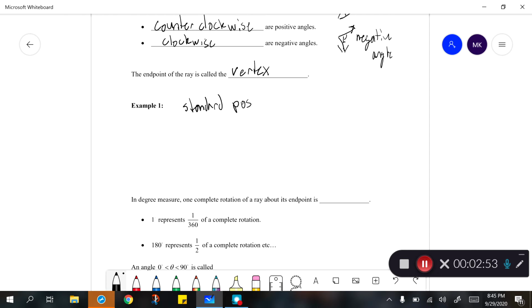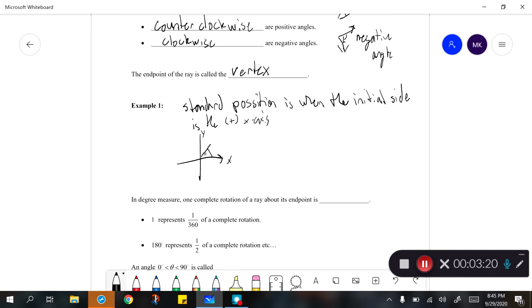Standard position is when the initial side is the positive x-axis. So if we draw our x, y axes, that's our initial side, that is a positive angle theta in standard position.